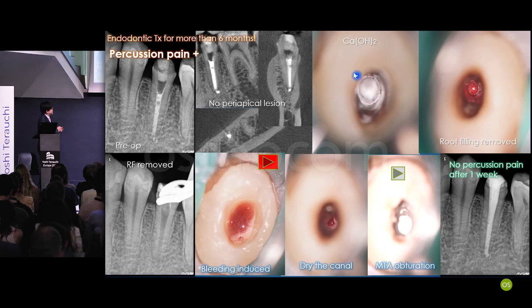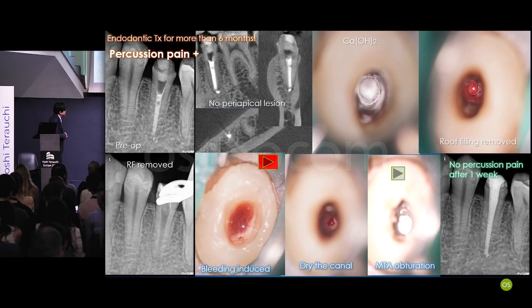What I did in this case was, there was no sign of infection, no periapical radiolucency. So I removed the calcium hydroxide. I intentionally induced bleeding, because bleeding is the first phase of healing. Then after bleeding, I removed the blood, cleaned the root canal, and pressed MTA.